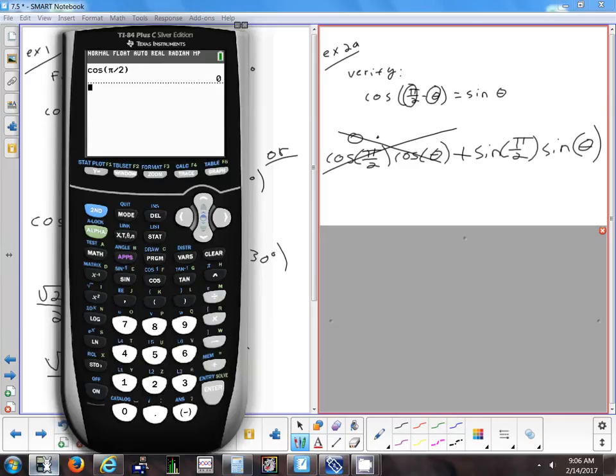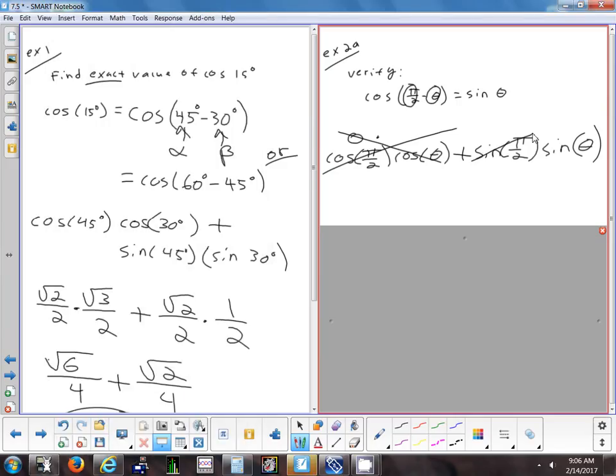Anybody have a guess what the sine of pi over 2 is going to come out to? It's going to come out to 1. And now you just have 1 times sine, which is what? The sine of theta. And what did the problem say we were supposed to get? Sine theta. So we verified that the cosine of pi over 2 minus theta is the same as sine theta.